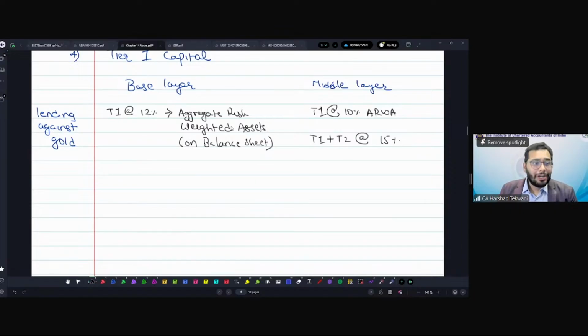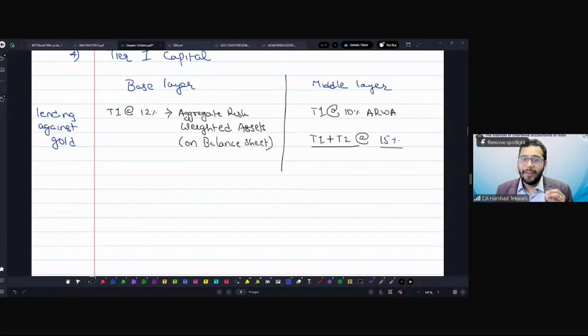Sir, here in middle layer you have told, I just want to clear what you said: in T1 we calculate 10%, then the answer that comes, you have added it in T2? This one is different over here. Middle layer. Yeah. Now T1 plus T2 should be at 15%.